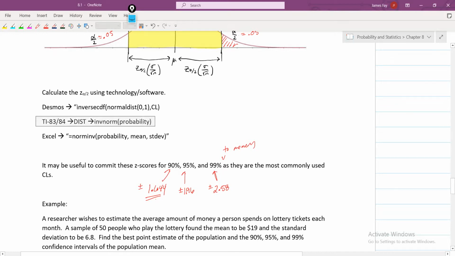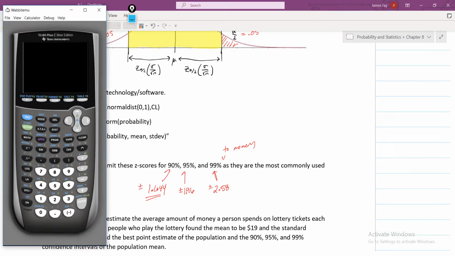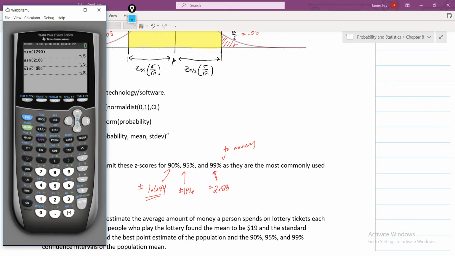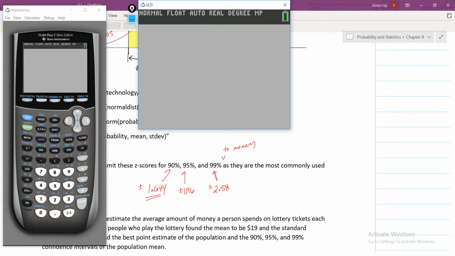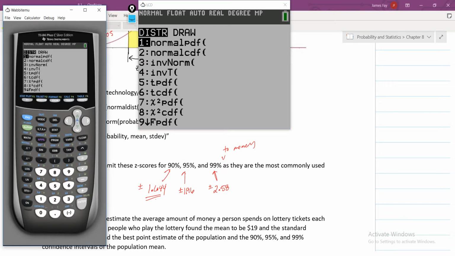On the TI-83/84, if you're using that calculator, I'm not going to use it too much because I think there are better things for us to use. But if this is your go-to, you can hit second, and you see where it says DISTR here, hit that. And we're going to come down to inverse norm.